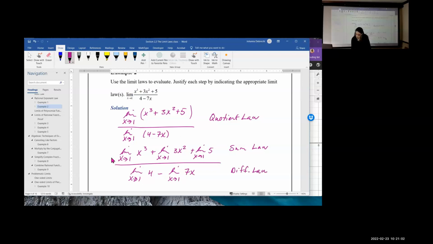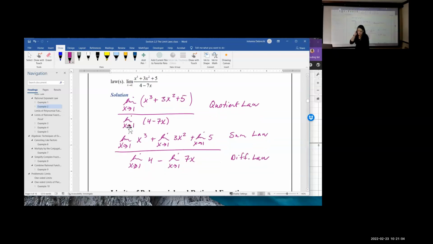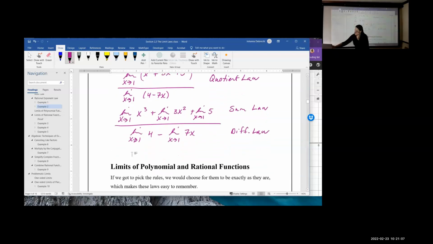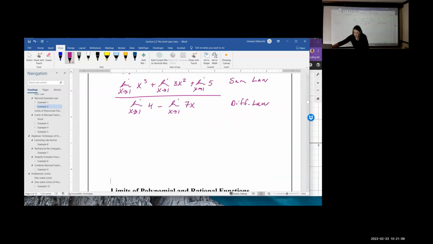And then what laws should I apply? What would come next? There's a couple more I need to apply. What two do I need to apply now? Power law. Power law. So that would be the first one. So I'm going to do the limit as x approaches 1 of x raised to the third. This is the power law.